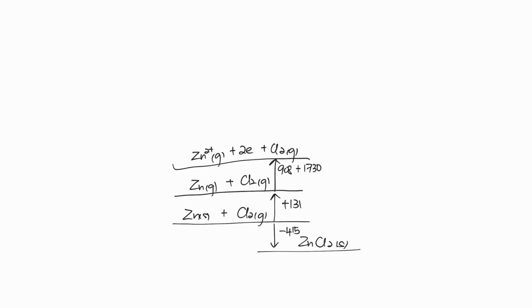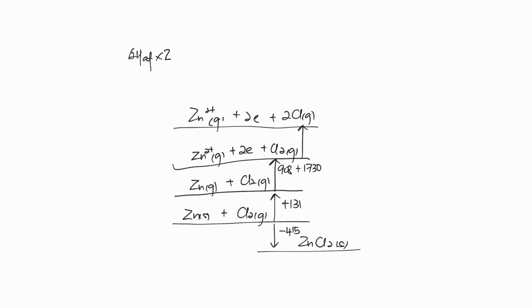So we have done with zinc by turning it into ions, and next we have to atomize chlorine. For atomization of chlorine, we have to turn this Cl2 gas into 2 Cl gas. This is to form 2 moles of gaseous atoms, so therefore the atomization energy has to be times 2, because 2 moles of gaseous atoms are formed.